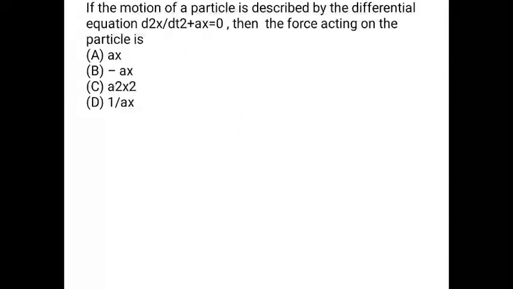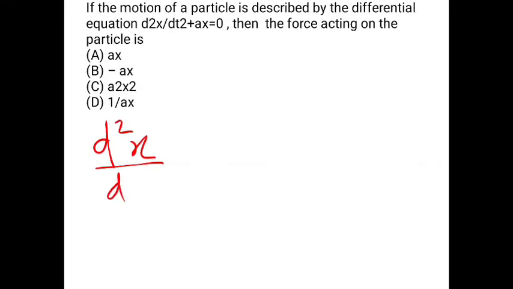If the motion of a particle is described by the differential equation d square x by dt square plus ax equals 0, then the force acting on the particle is, here we know the force is always directed towards the equilibrium position and is proportional to distance.